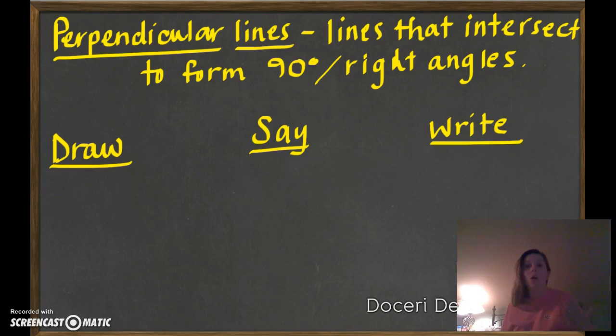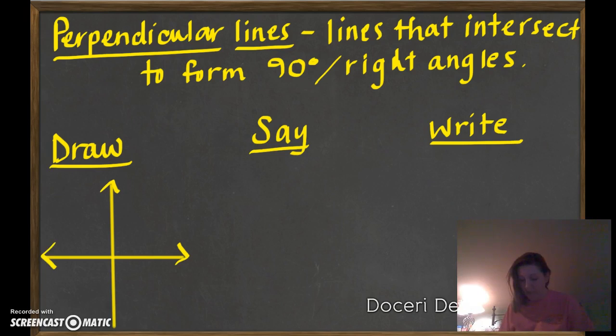Perpendicular lines are lines that intersect, but in a special way that forms a 90-degree right angle. And that looks like this. So you're going to have two lines going, one vertical, one horizontal, in very different directions like that. Now again, these could be line segments, but in our example, we're going to be talking about lines.